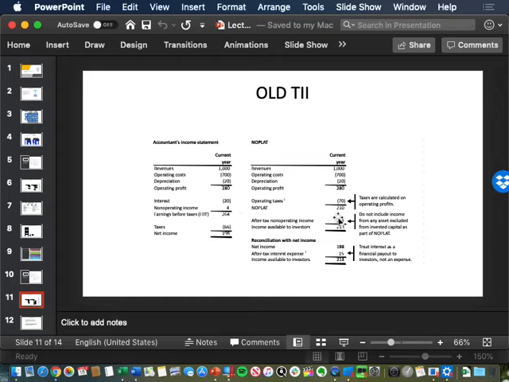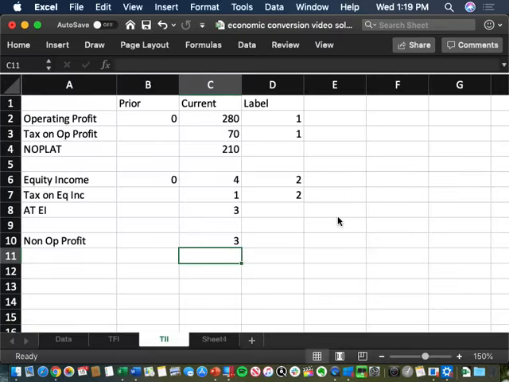Because what he did is he said equals non-operating investment income times 1 minus tax rate. That's what he did in the spreadsheet. That's the table for the page. All right. I'm writing this out so you actually see how 4 became 3. You made 4 pre-tax. You paid $1 million tax. You have 3 after tax.